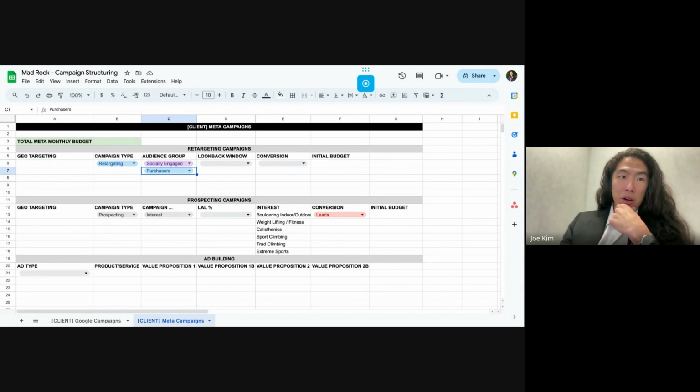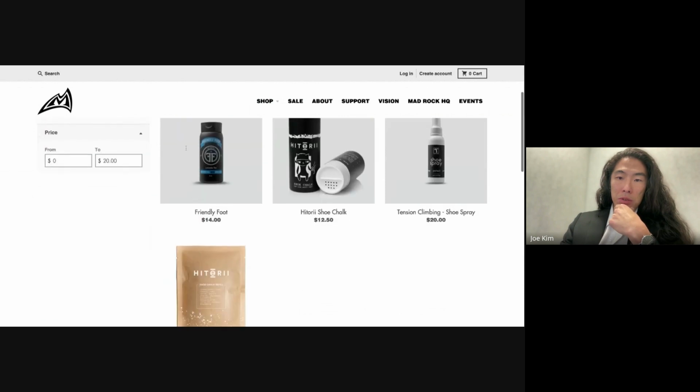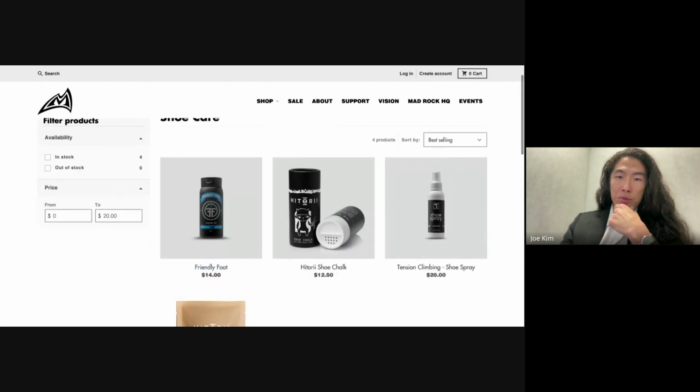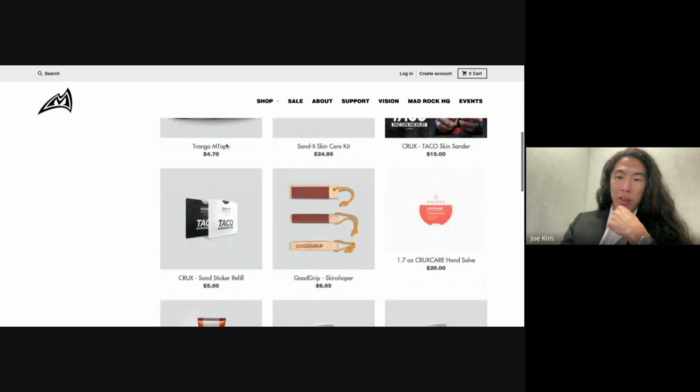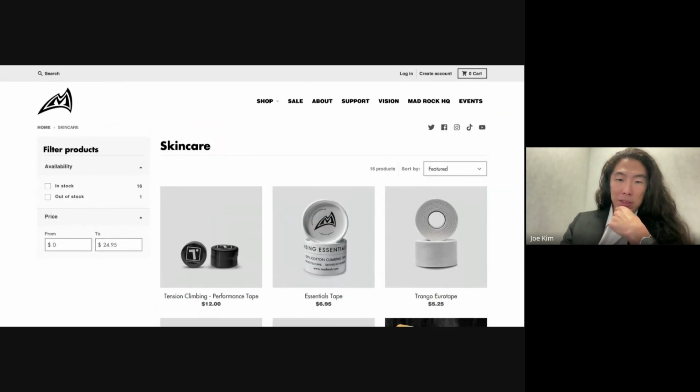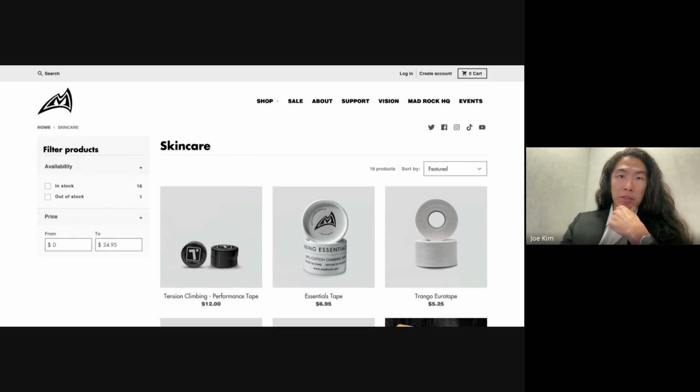One of the things I saw on the site here, if you've already sold them some shoes, potentially you sell them some other items, or maybe even cross-sell into other things like skincare and brushes and all that kind of thing. Having a gnarly flapper is not fun, but it's part of the game of being a climber. So once you've got your customer, there are potentially other cross-selling items you could try to sell them once they've become part of your fold.